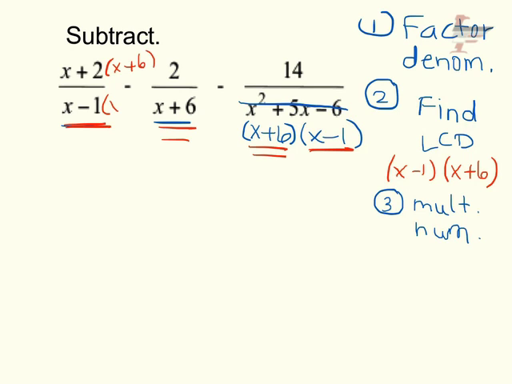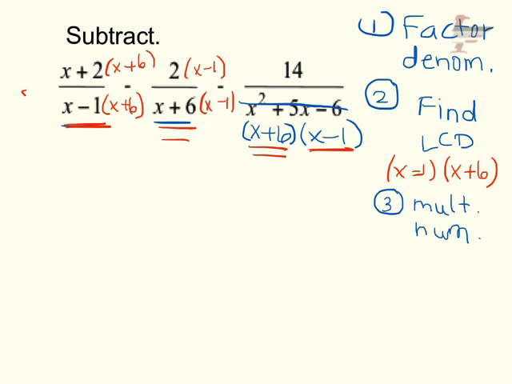The second denominator has an x plus 6, but it's missing the x minus 1, so I'll multiply its numerator and denominator by x minus 1. And the last fraction has both components of the LCD, so the 14 doesn't need anything.